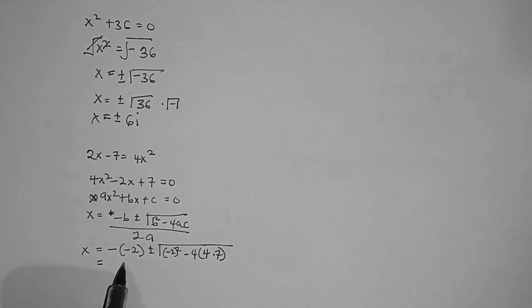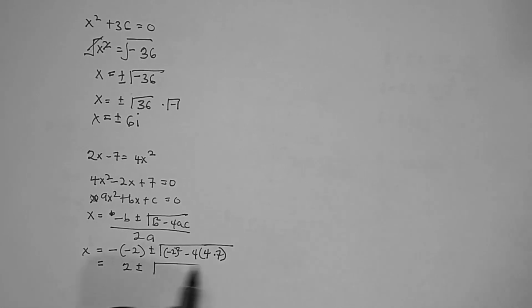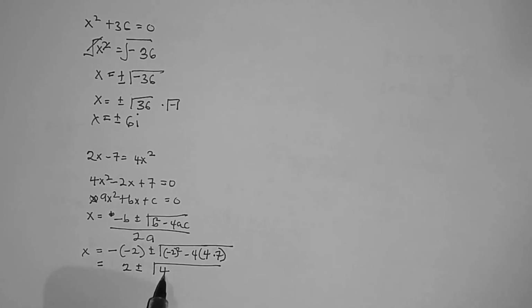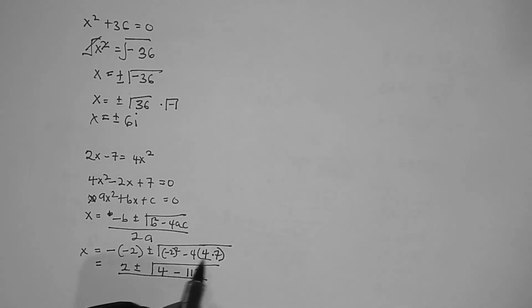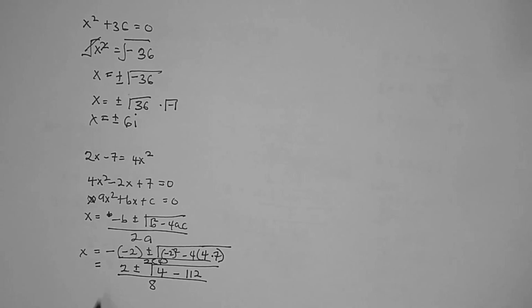So this is equal to 2 plus or minus square root of minus 2 squared is 4, minus 4 times 4 is 16, times 7 is equal to 112, all divided by, I left something out here. Here it was divided by 2 times 4. So here it will be divided by 8.